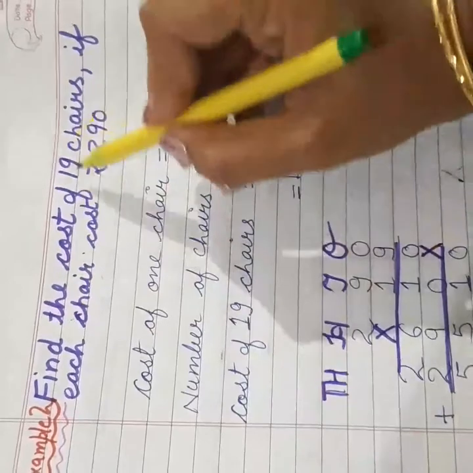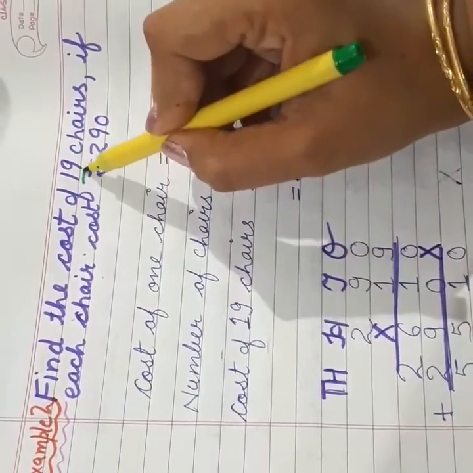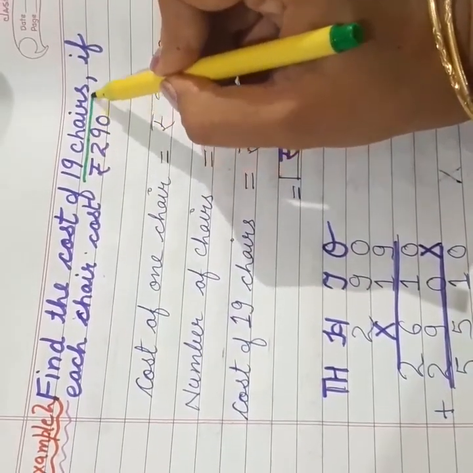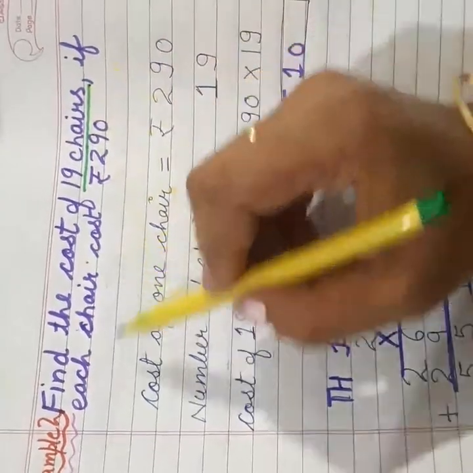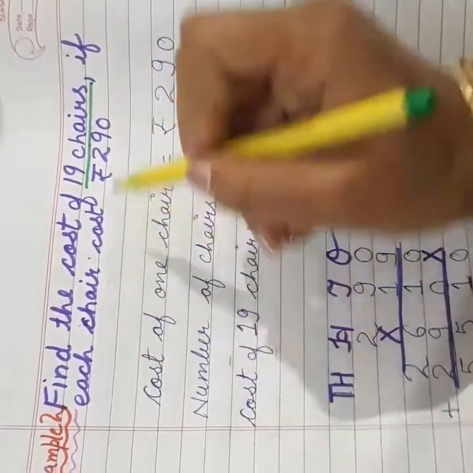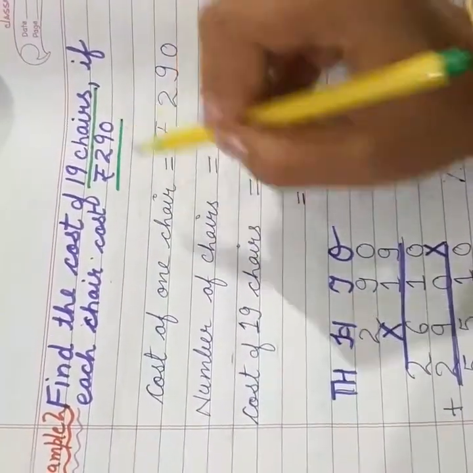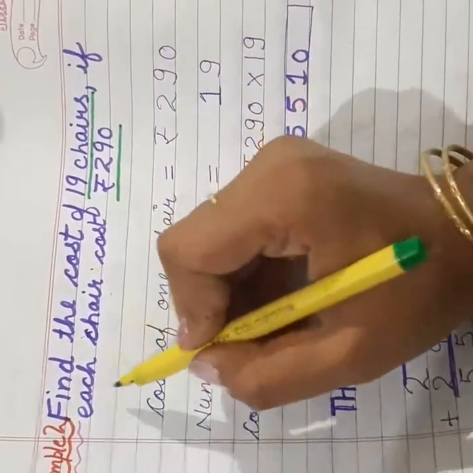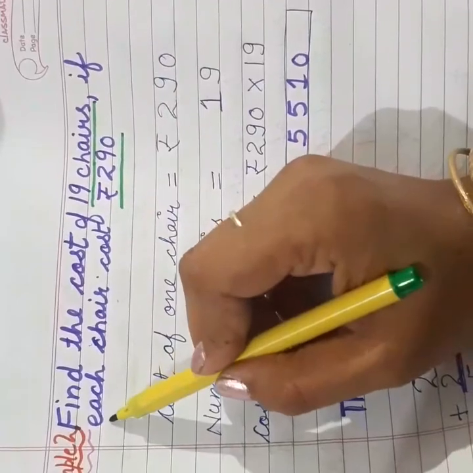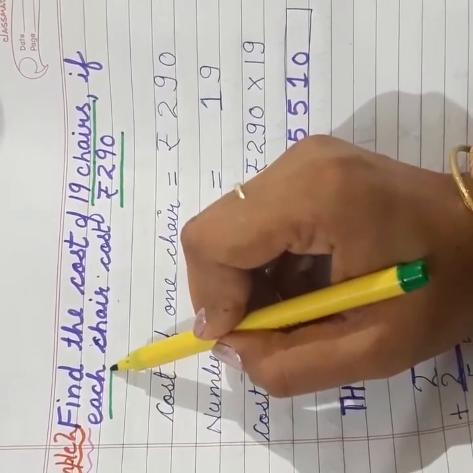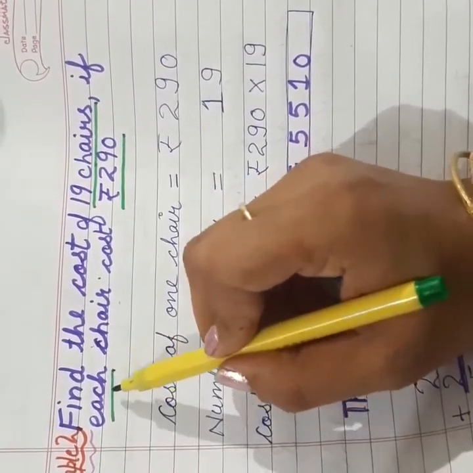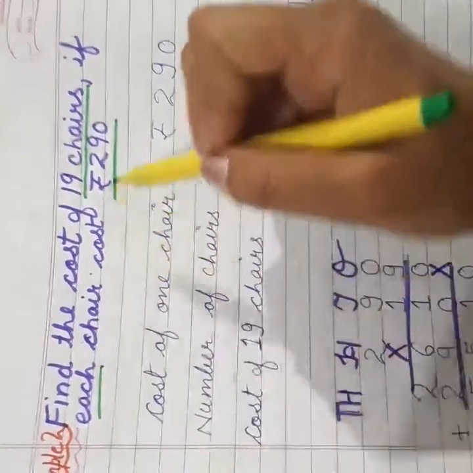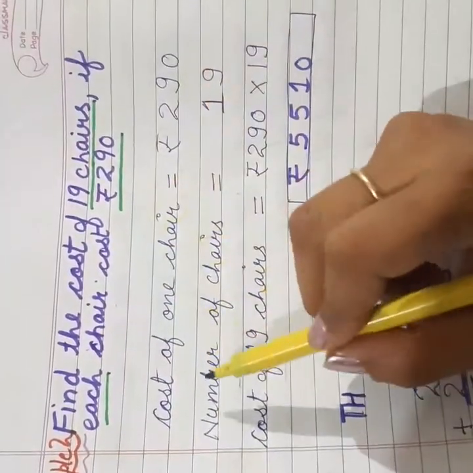Find the cost of 19 chairs. We will underline this 19 chairs, and then each chair costs rupees 290. Look for the keyword. There is a keyword here, each. Each means the information about one chair is given to you.